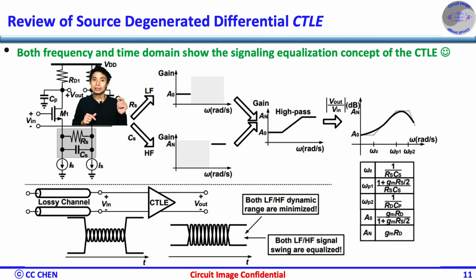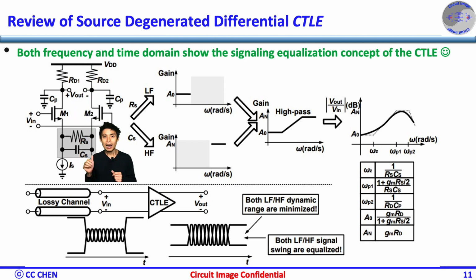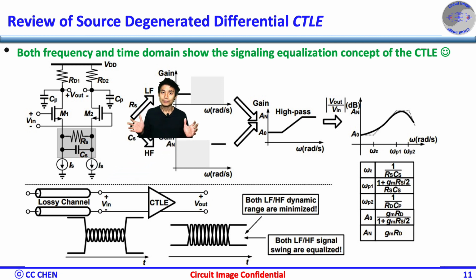Let's review the source degeneration CTLE topology one more time. As you can see, RD1 is the load resistor, and CP will be the parasitic associated with the device capacitance. The CS and RS of the input differential pair M1, M2 set the pole and zero of the frequency response. Before diving into the equation, let's intuitively look at the frequency response at DC and very low frequency.